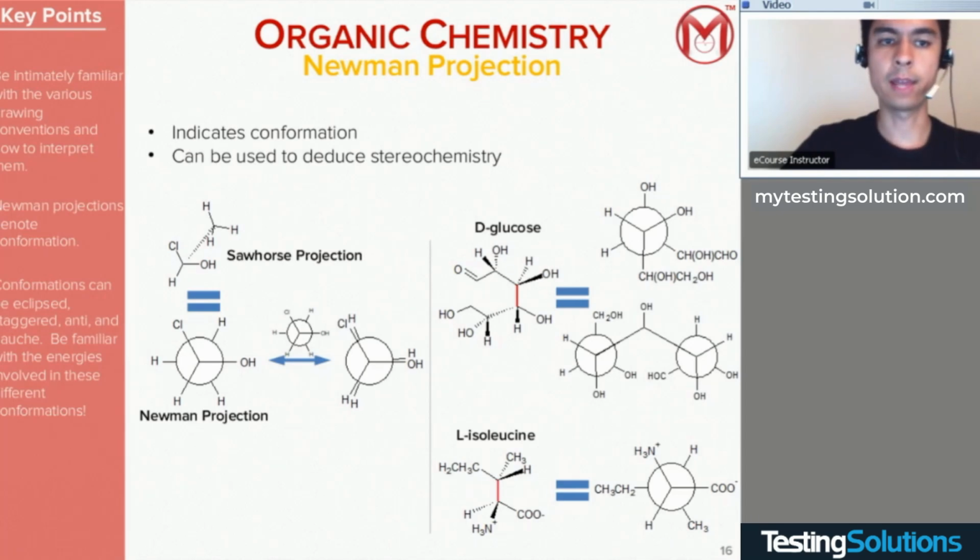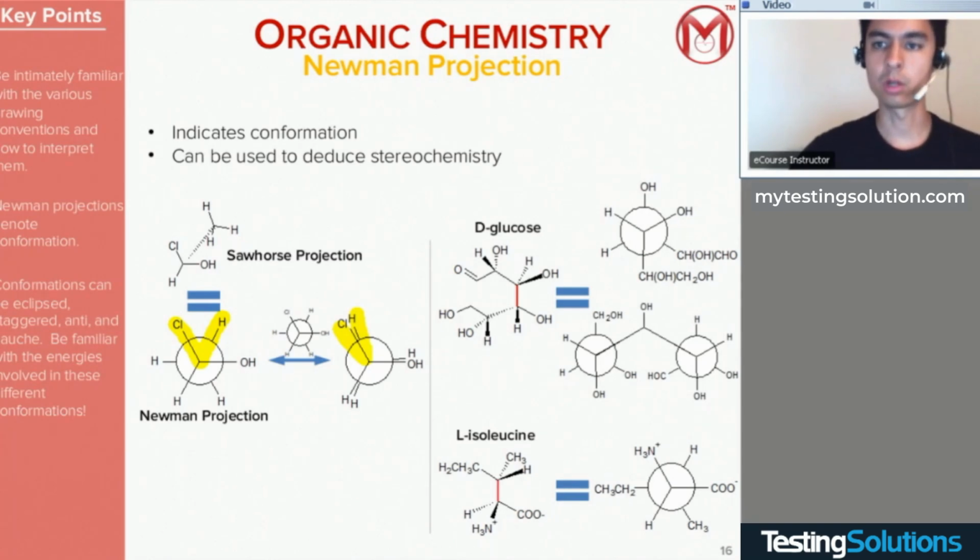So different conformations of this structure, again, would have different angles around that bond. You can see that these conformations are not the same. The molecule is the same, but the angles around that bond are not the same. And in fact, there's a different energy favorability of certain conformations over others.